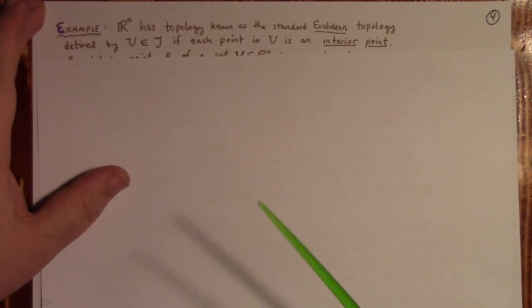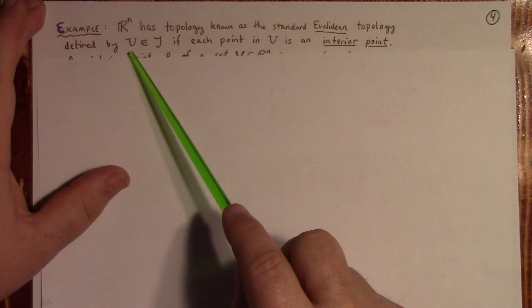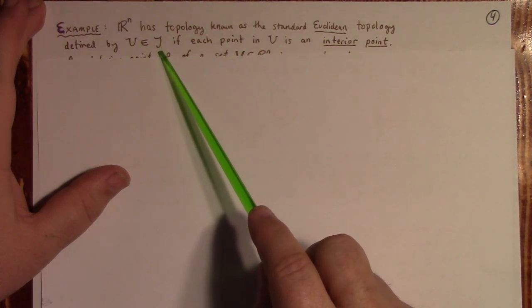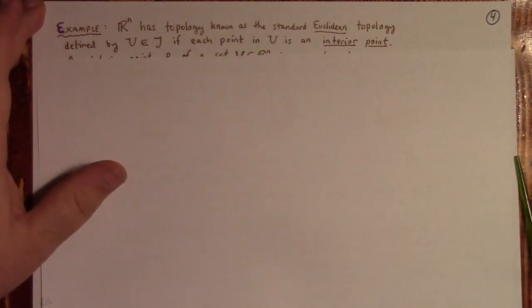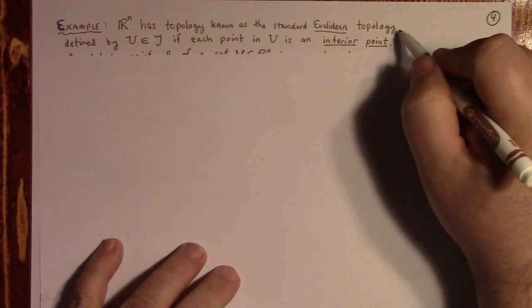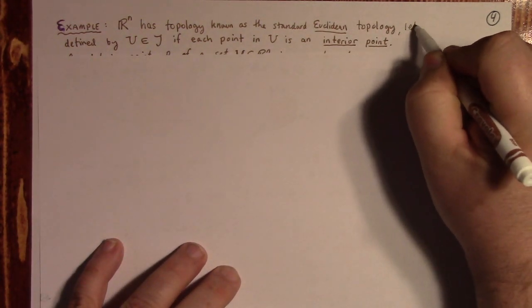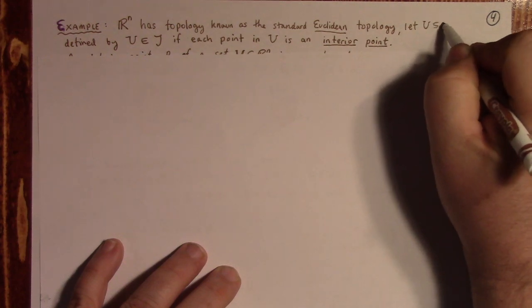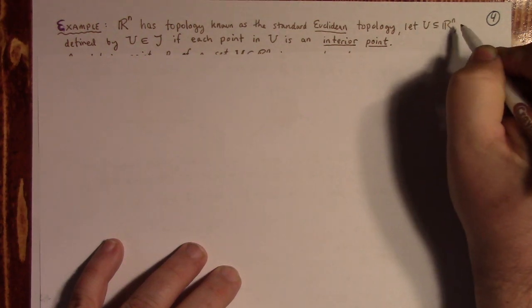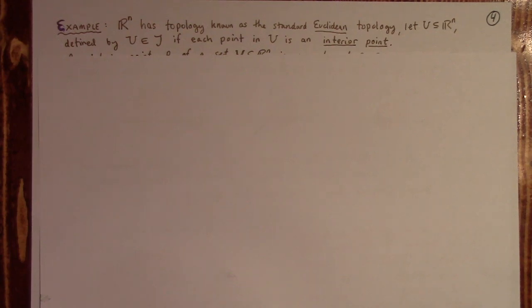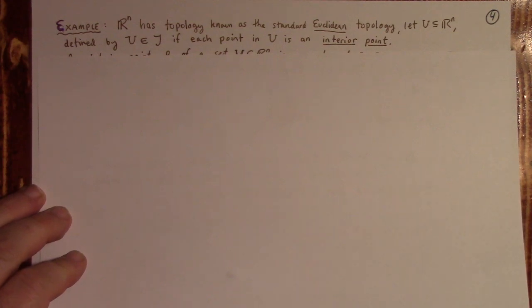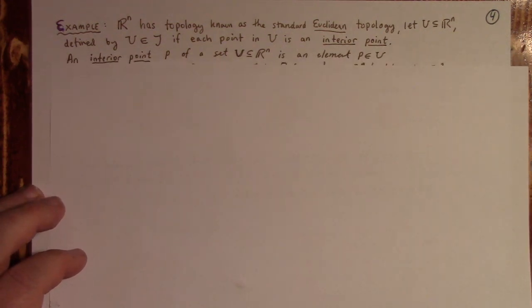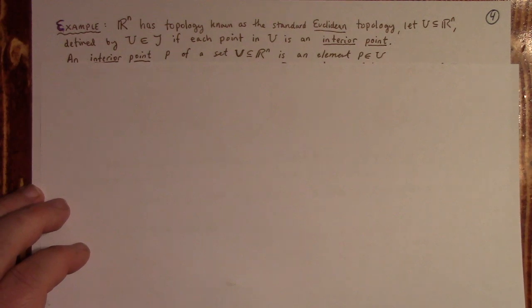Let U be a subset of Rn. It's said to be in the Euclidean topology, the standard topology, if each point in U is an interior point.